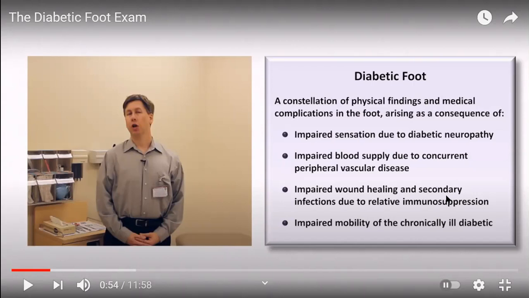Body temperature will rise, fever. Why fever? Infection. Why infection? Because of the immunocompromised patient. Why immunocompromised? Maybe uncontrolled blood sugar for a long time, impaired mobility of the chronically ill diabetic patient. It is a consequence of events.